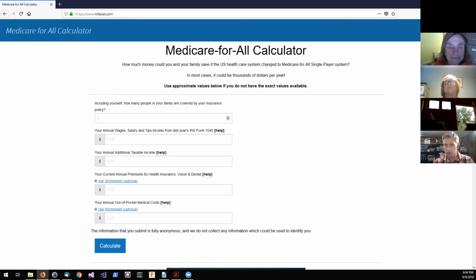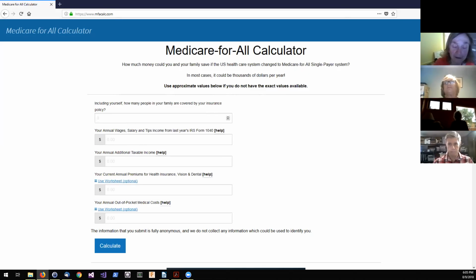This is the first time I have used this system. So I was expecting to have a little screen or something showing up. It's hard because I can't see what you guys see. Well, we see what says Medicare for All calculator on the top. How much money could you and your family, etc. And then it says use approximate values below.